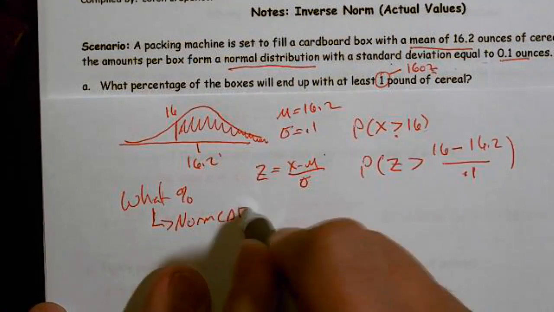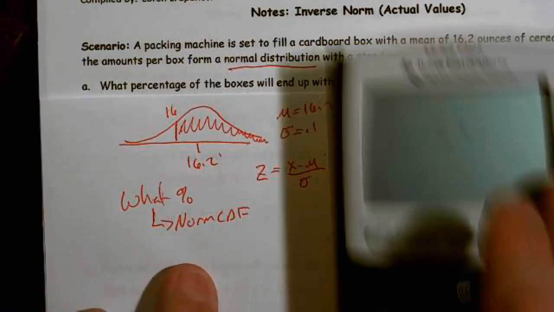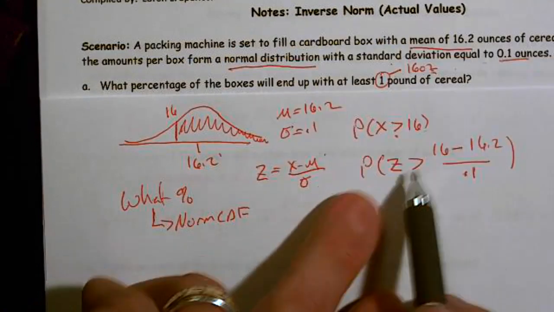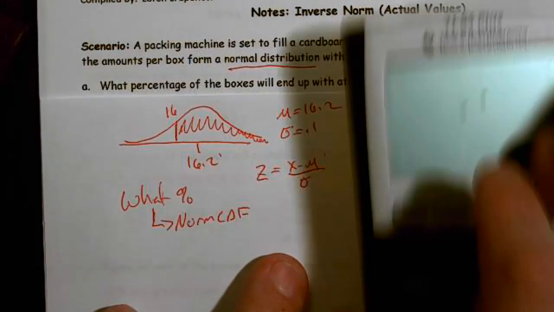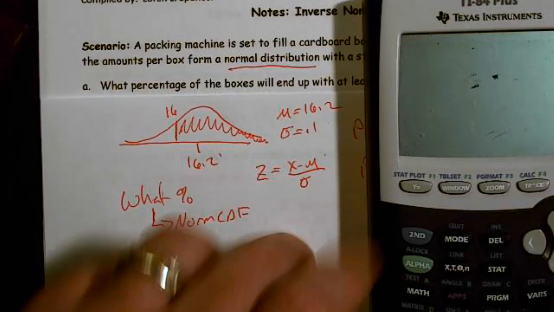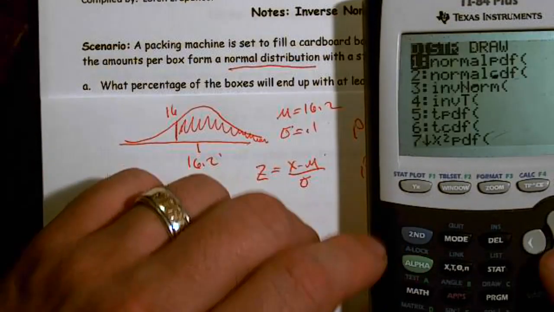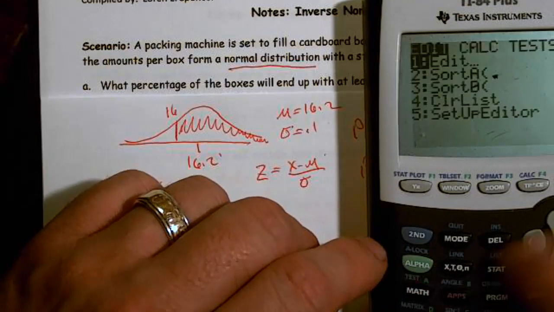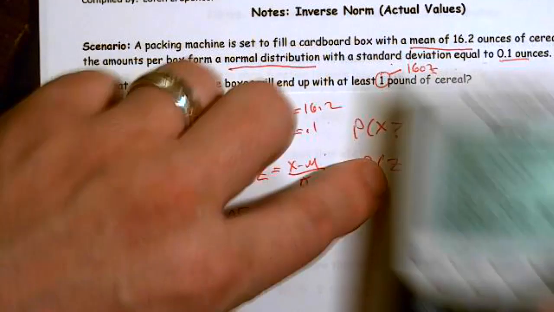If they give me the percentage, I'm doing an inverse norm, but if they ask me for it, I'm doing a norm CDF. Actually, because I'm only shading one direction, I'm going to use the z-test: second vars, stat test, z-test. I'm doing that because I need to have that z-score.